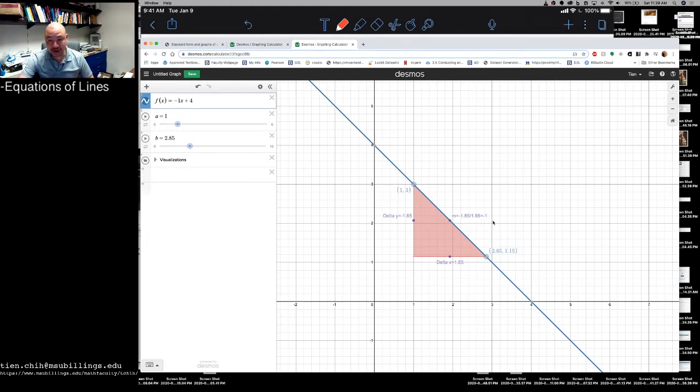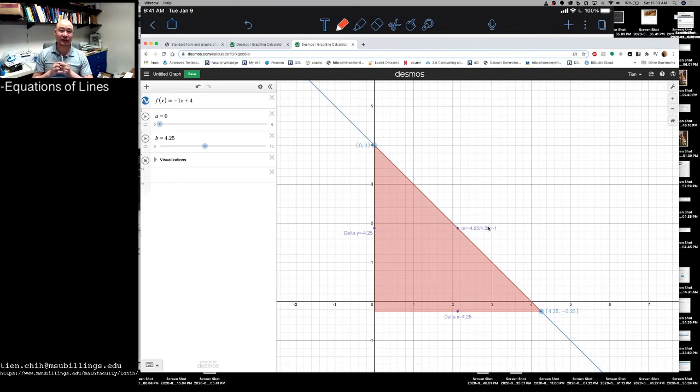And what it means to have slope negative 1 is that no matter how much I change my x value, when I look at the corresponding y values, the change in y divided by the change in x is always negative 1. So if I shrink this region, that change and that change, if I take that quotient, that's still negative 1. If I pull this all the way down here, that change in y and that change in x, their quotient here is still negative 1.